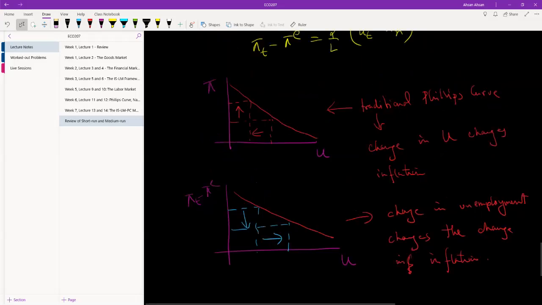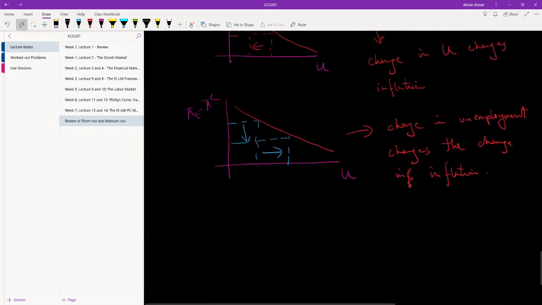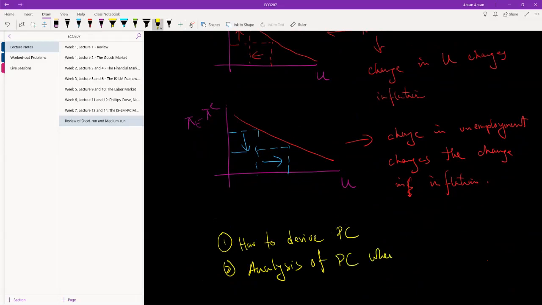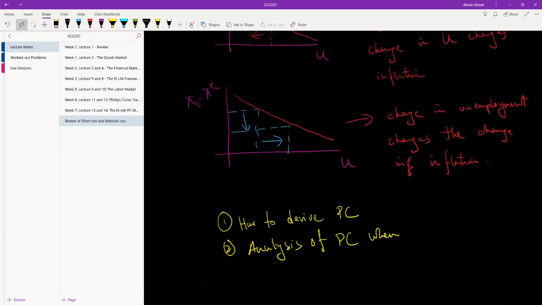So we were introduced to this in chapter 8. So the things to remember from this chapter is to derive the Phillips curve and analyze the Phillips curve when we have two scenarios.